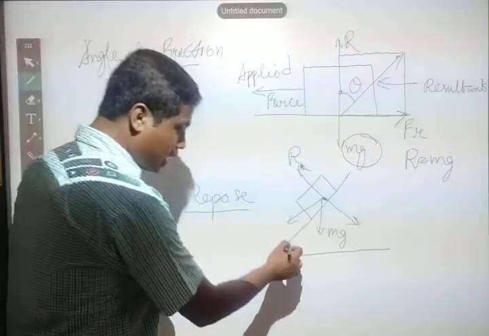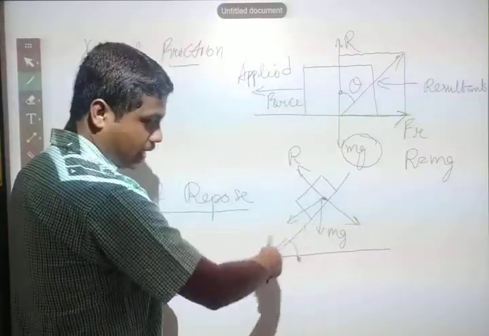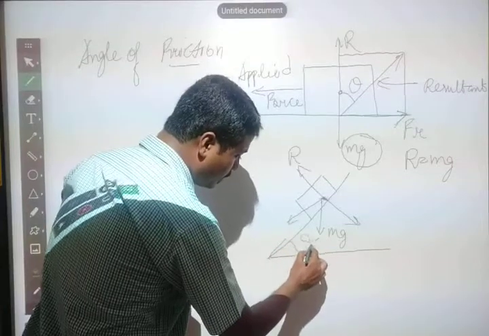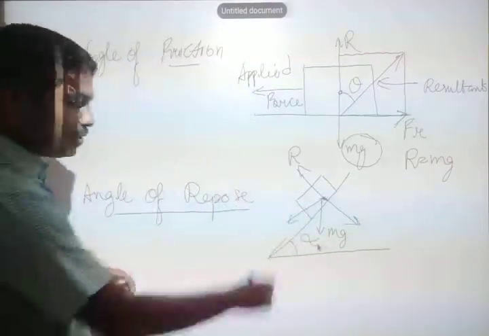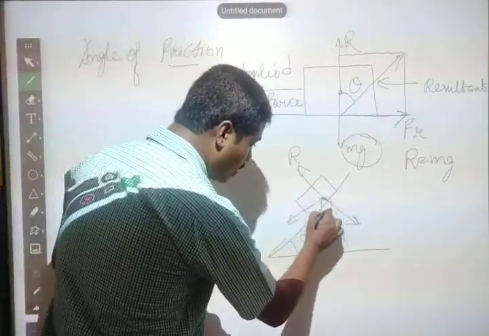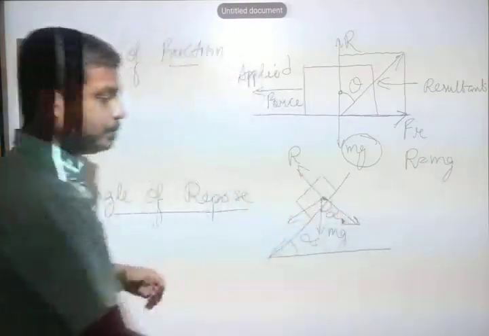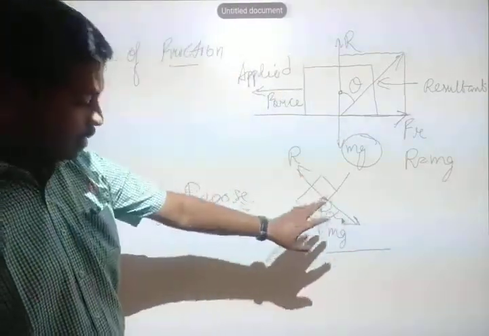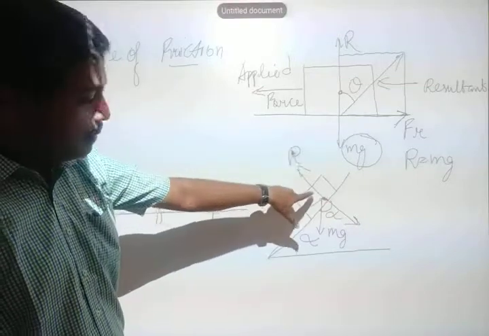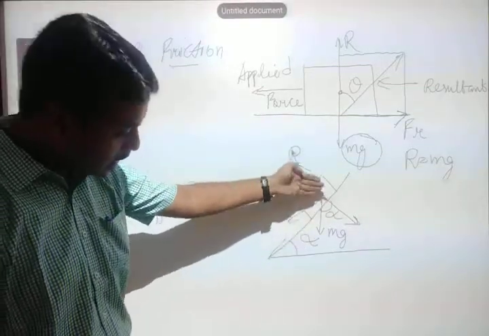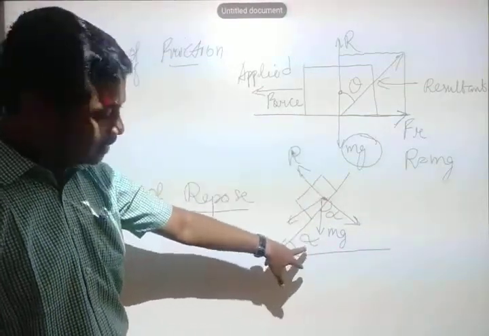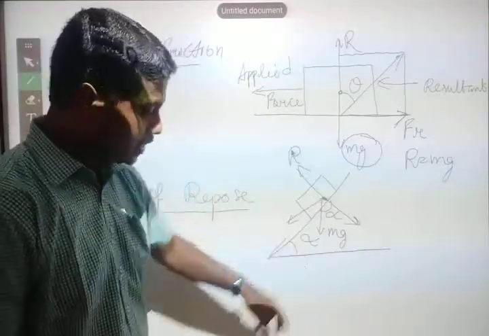If I want to consider the value of the angle of inclination, suppose this is alpha, then this angle will also be equal to alpha. So we have the reaction force perpendicular to the surface, weight mg acting downwards, and the angle of inclination.